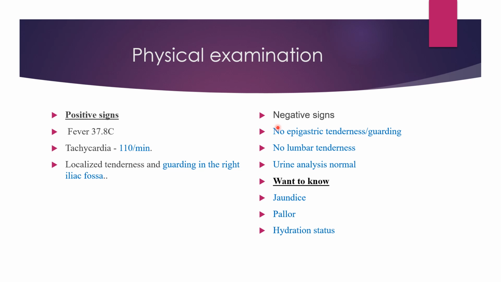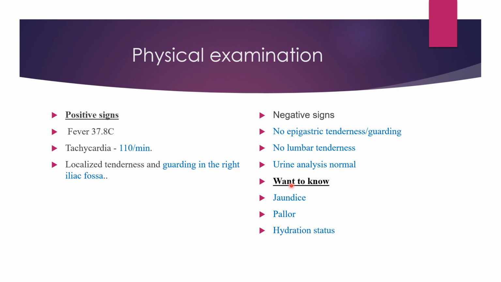The negative signs in this patient are no epigastric tenderness or guarding, no lumbar tenderness, and the urine analysis was normal. These 3 negative signs were not present in this patient, and that will exclude some of the other causes.